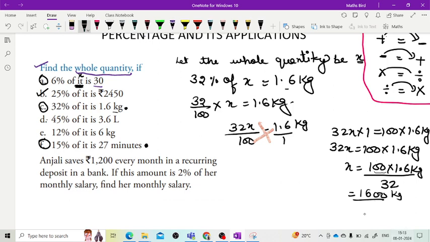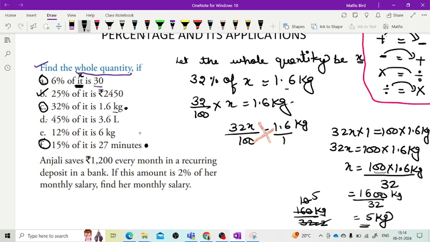So simply we can write 160 kg upon 32. 16 1 ja 16 and 0. 16 2 ja 32, 2 5 ja 10. That means the answer is 5 kg. So 32% of it, find the whole quantity. Here you will write the whole quantity is 5 kg.